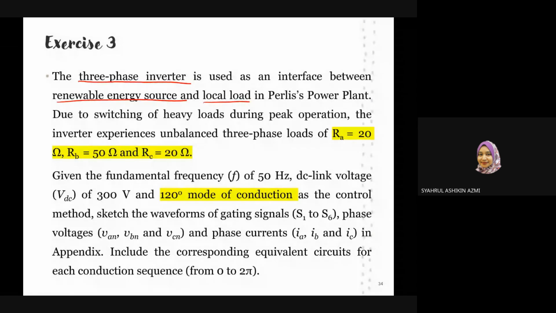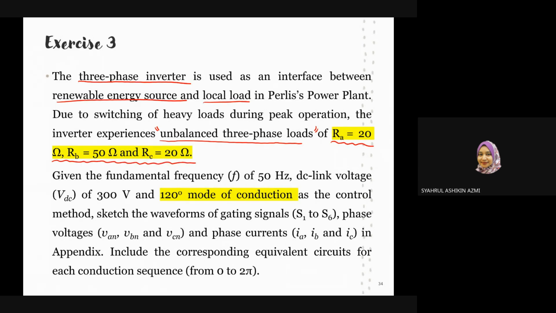This inverter experiences an unbalanced three-phase load, where RA equals 20 ohm, RB equals 50 ohm, and RC equals 20 ohm.